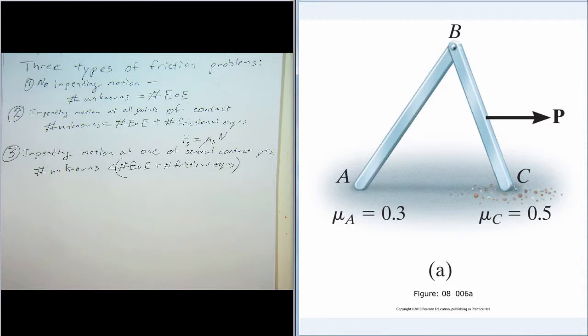So for this example, we would assume that the object would slip at C, and so it would be stationary at A. And so then we would find out what the value for P is needed to make that happen, and then we would assume the other case where it's stationary at C and slips at A, and we'd find the value of P required for that case.